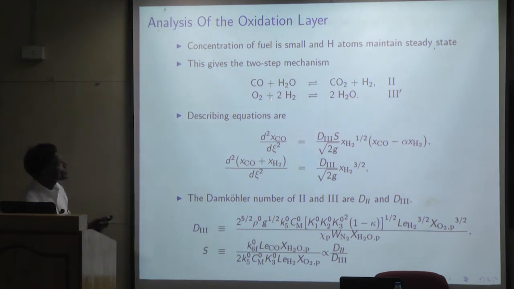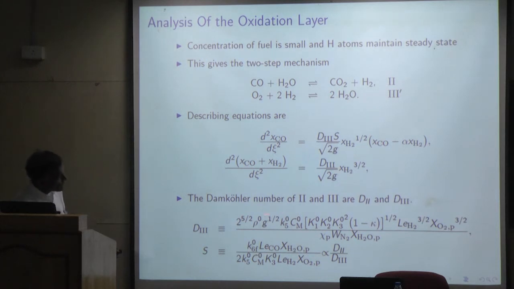So these are the only 2 reactions that take place in the oxidation layer. These are the governing equations for the 2 reactions. Again, I did not write oxygen, even though oxygen is consumed, because oxygen you get from coupling.